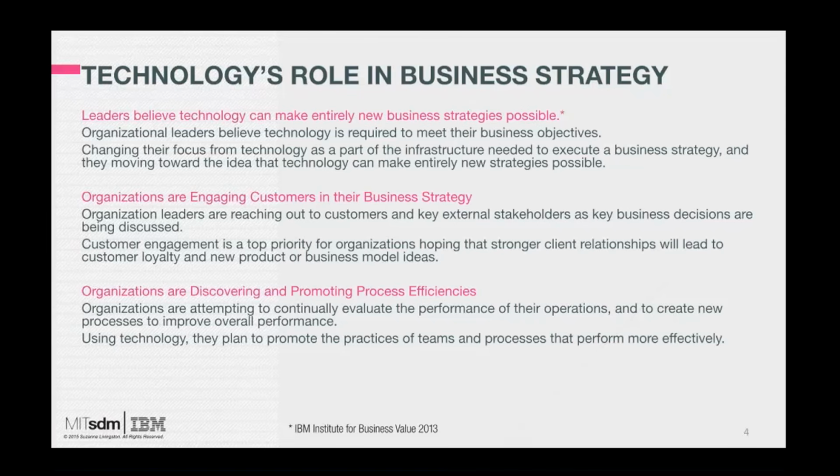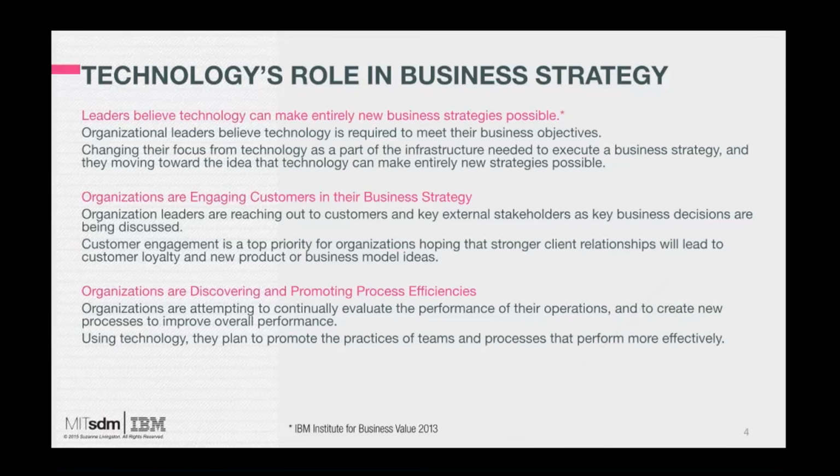That customer engagement is becoming a top priority for organizational leadership, who's hoping that those stronger client relationships are going to lead to tighter customer loyalty and new product ideas and even new business model ideas. And that trend's going to continue over the next 3 to 5 years, according, again, to some of the research that IBM has conducted.